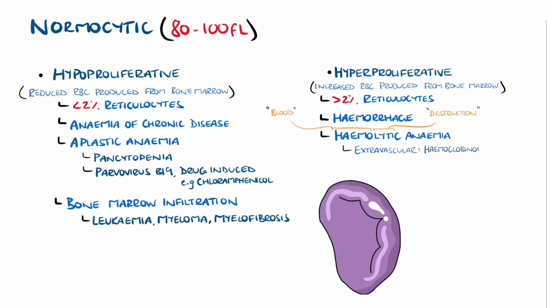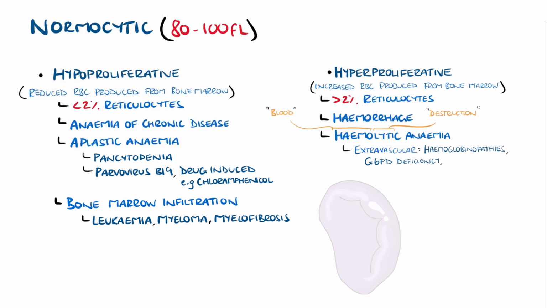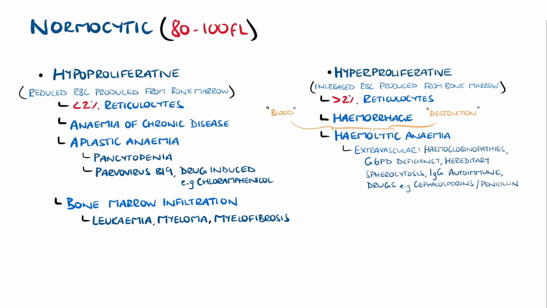Examples include hemoglobinopathies like sickle cell or thalassemia, enzyme pathologies such as G6PD deficiency, membrane defects like hereditary spherocytosis, IgG autoimmune hemolytic anemias, and can be drug-related, for example antibiotics like cephalosporins or penicillins.